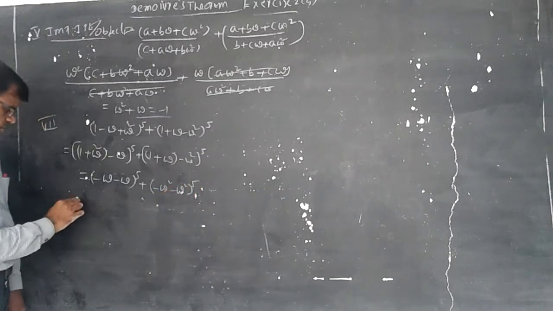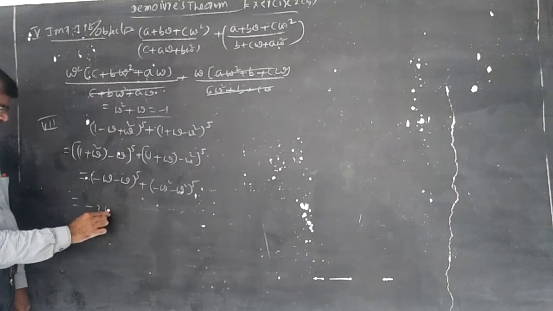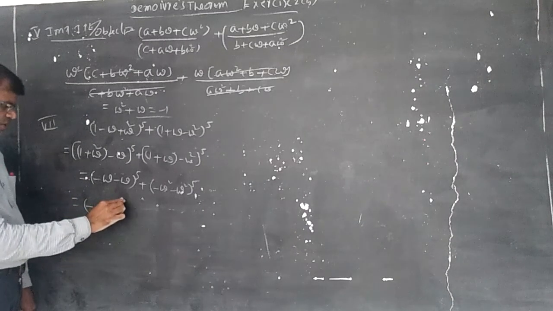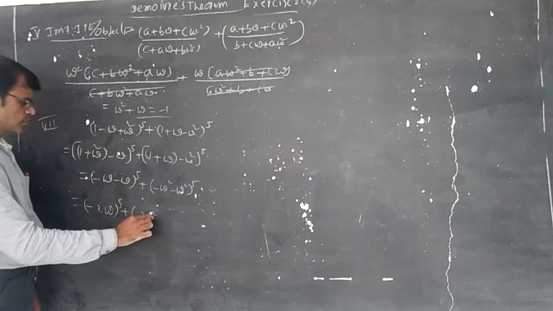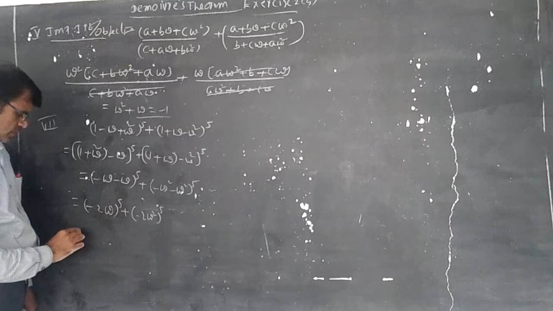Minus omega means minus 2 omega. Minus 2 omega whole power 5 plus minus 2 omega square whole power 5.